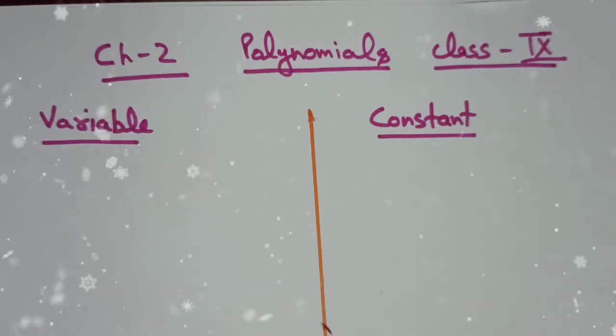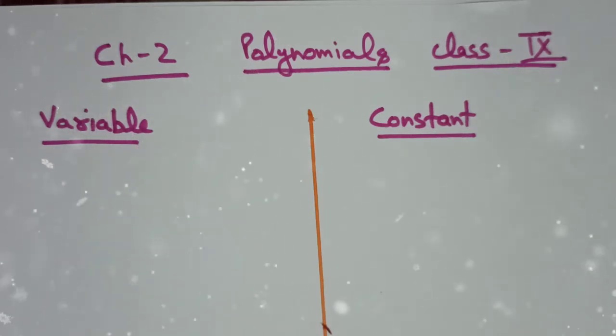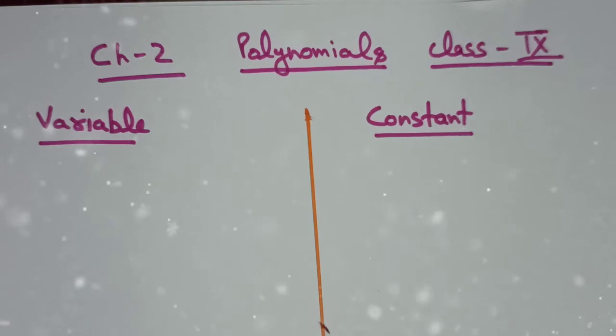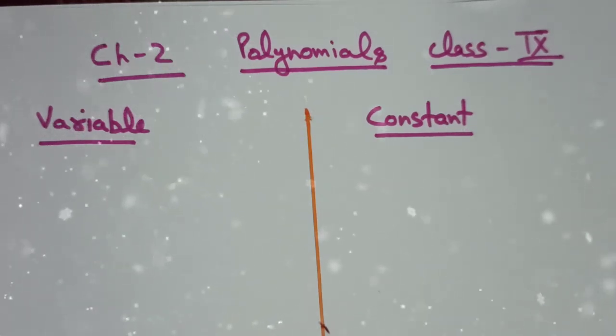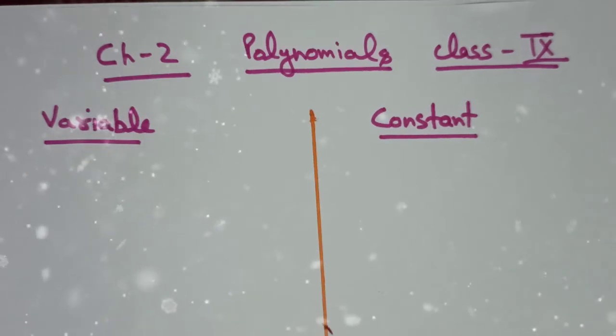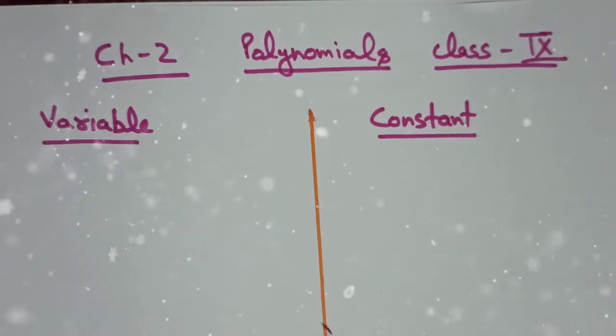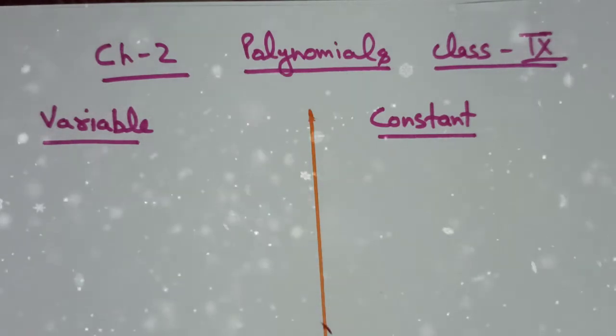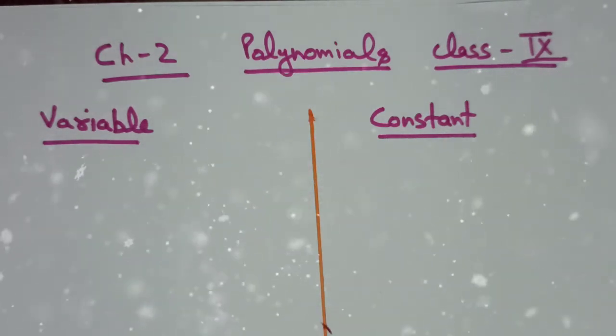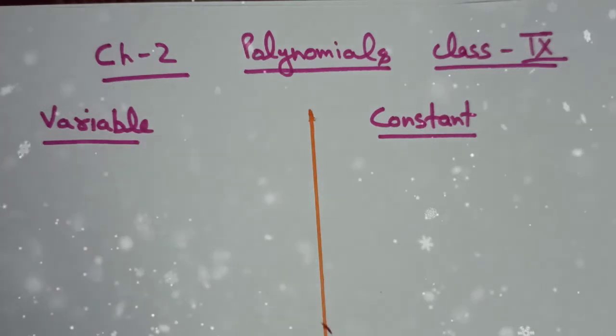Today we will be starting the chapter 2, Polynomials, of class 9th NCERT. First of all, we will discuss the terms variables and constants. Let us look at what variables and constants are and what the difference between them is.